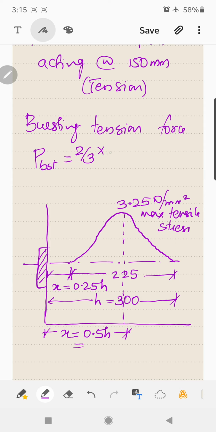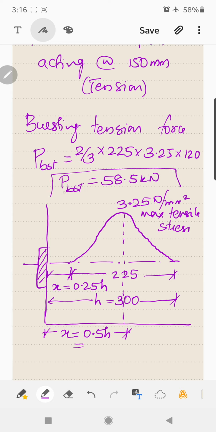So 2/3 of that: the width is 225, the height is 3.25, into the width of the section. The width of the section is 120 mm. So you get PBST as 58.5 kilonewton. So this is the bursting tension force.